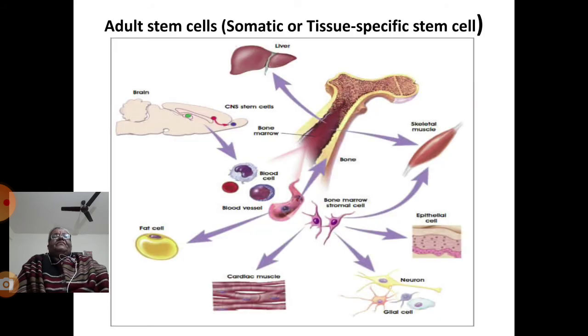Then the second type, adult stem cells or somatic or tissue specific stem cells. You can see the liver cells, then bone marrow cells, then nerve cells, okay, then muscle cells. So here the stem cells are localized in particular regions of the body and they are lineage committed cells, okay.